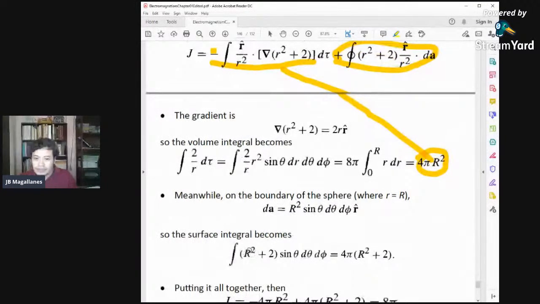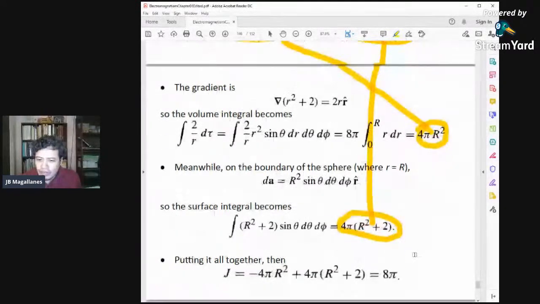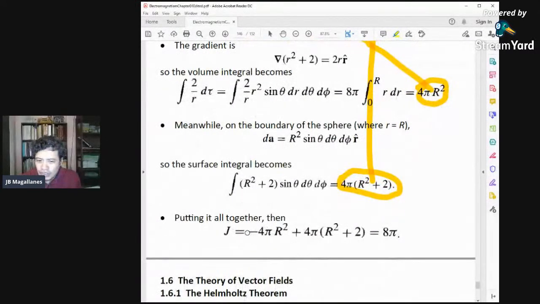Equal to that. So if you subtract this one from here, this one is equal to that. It will just give you this answer, which is what we expect, 8 pi.